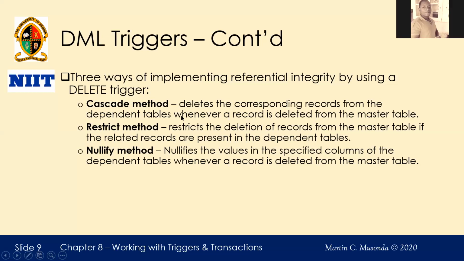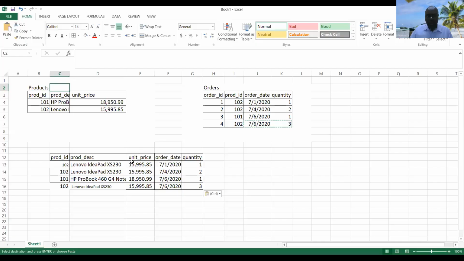If we go with the cascade method, what is going to happen is that if this is deleted in this table, then wherever 101 appears in this other table, that is going to be deleted.